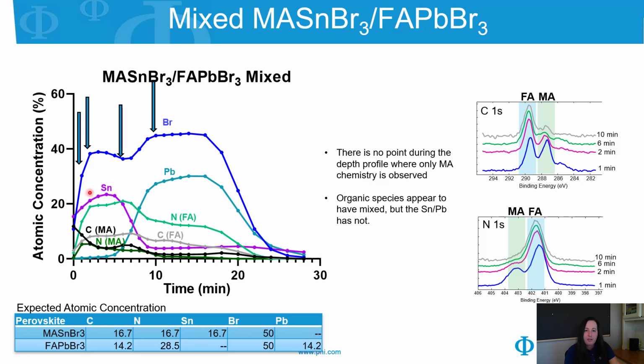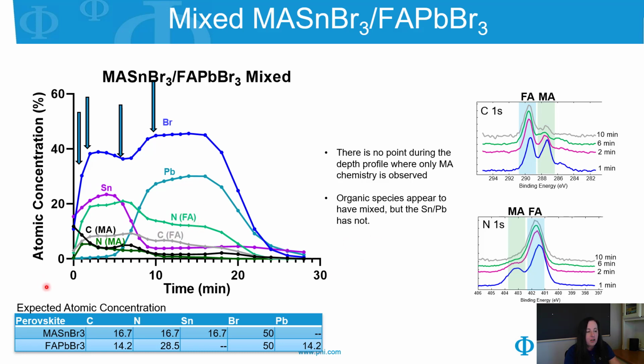So it looks like for this one, the lead and the tin, so the two metal B sites, have not really mixed. However, what we do see is we see both methylammonium and formamidinium in the tin layer, and that extending out through the lead layer.